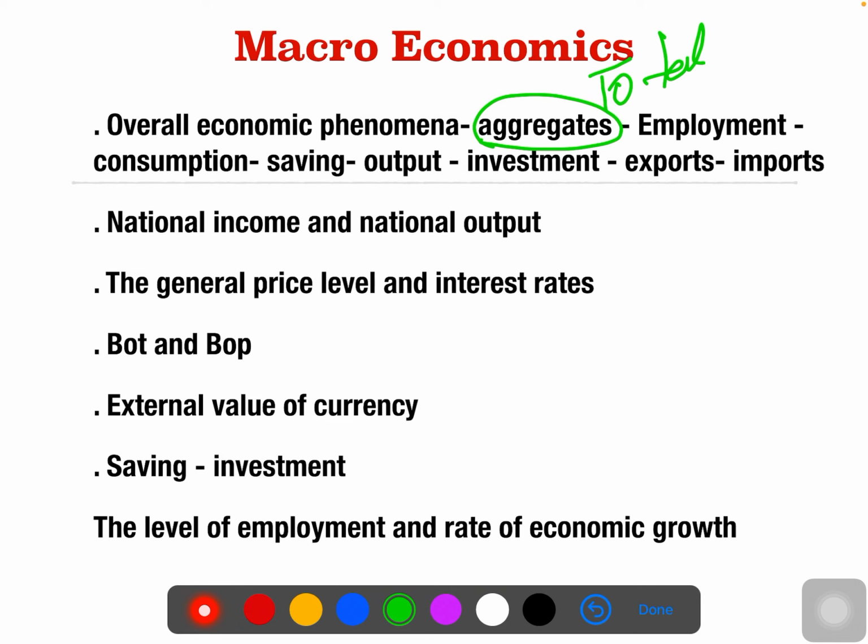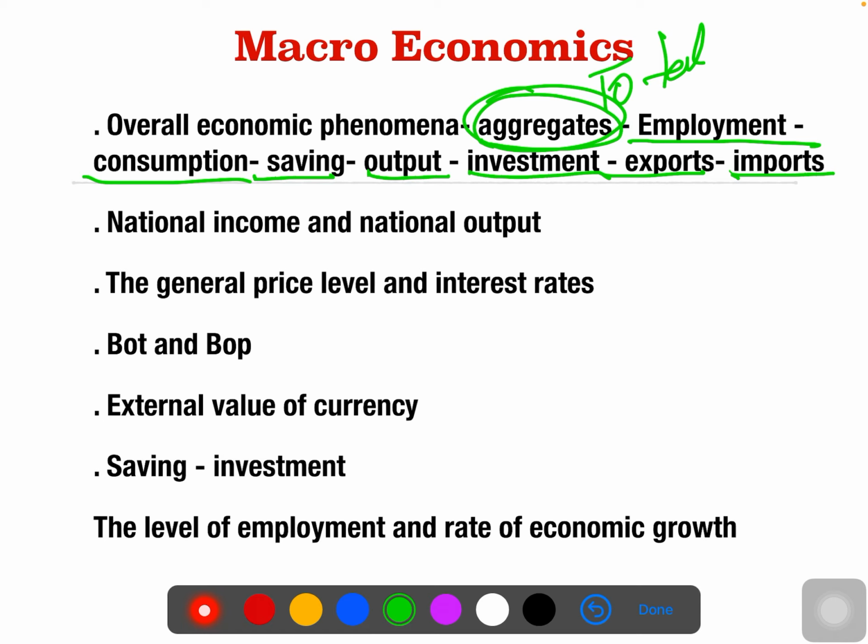So here I am talking about aggregate employment, how people in the whole economy are employed, aggregate consumption, total consumption, aggregate saving, aggregate output, aggregate investment, aggregate exports from the country, aggregate imports to the country. That means aggregate is the combined information of each and everybody in the country.